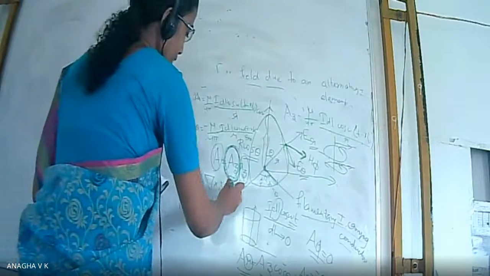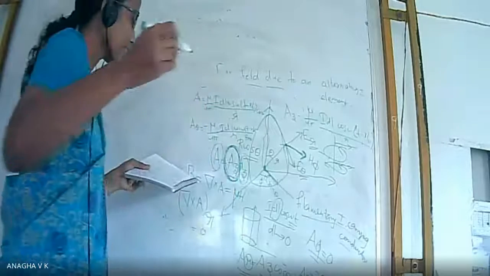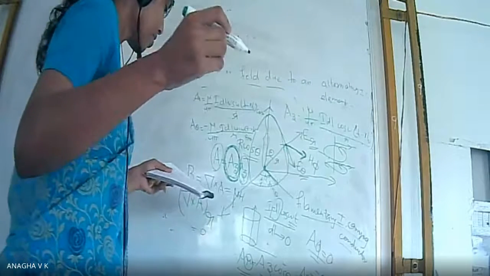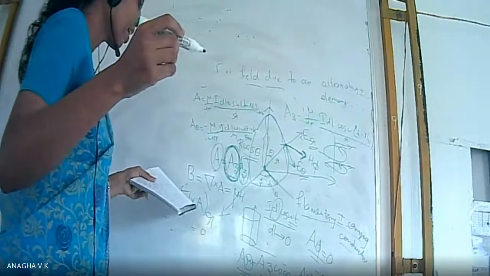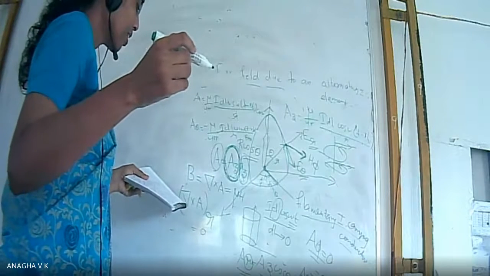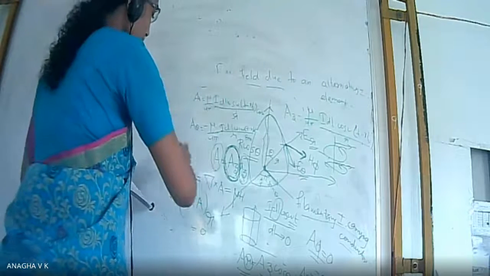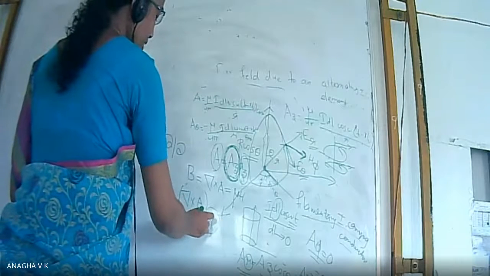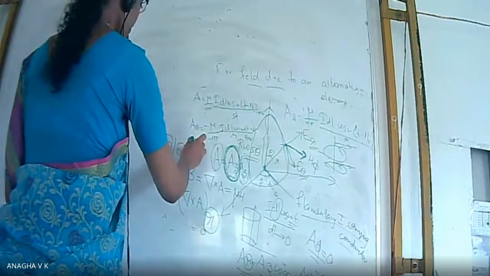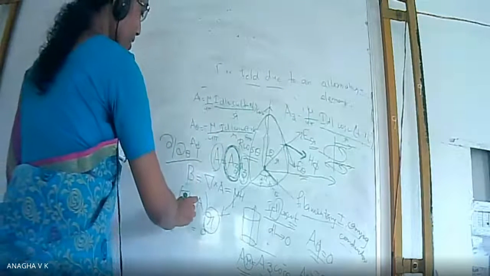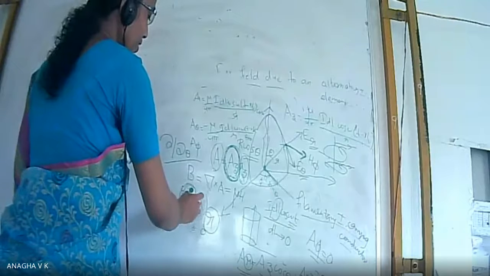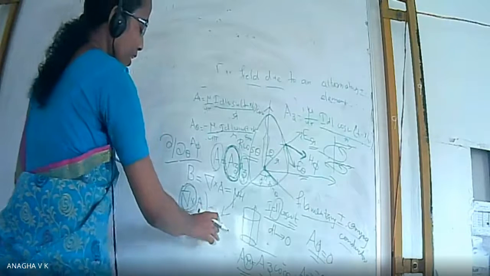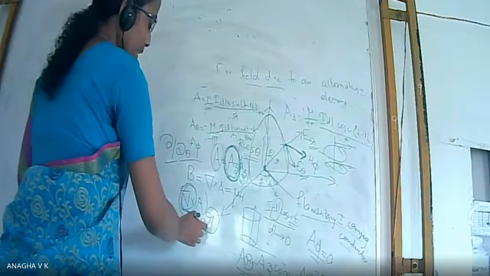So del cross A is nothing but mu H. So B is equal to del cross A, which is nothing but mu into H. Del means the differential process, so you differentiate with respect to r direction and you get 0.